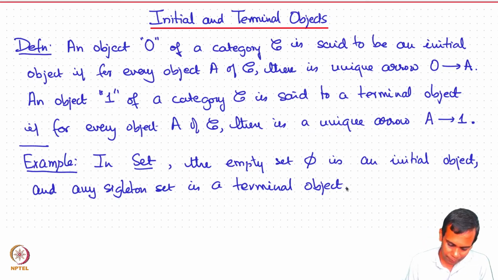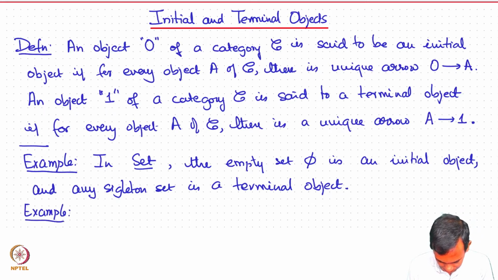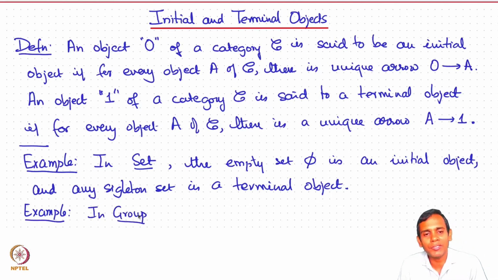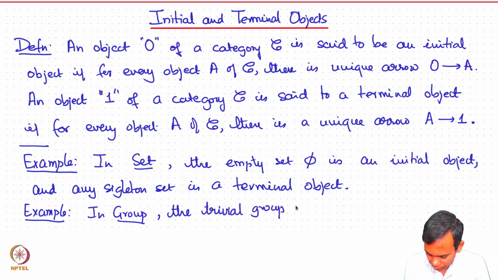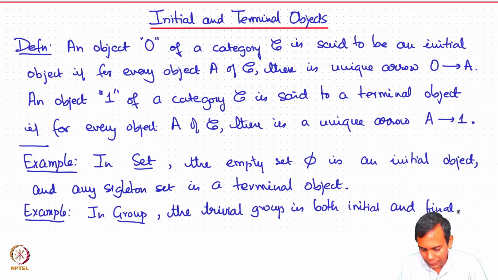Let's look at another example, the category of groups. So we have this group called the trivial group, which has only one element, namely the identity element. And that is an initial object and a terminal object. If you have the trivial group, it has only an identity element.